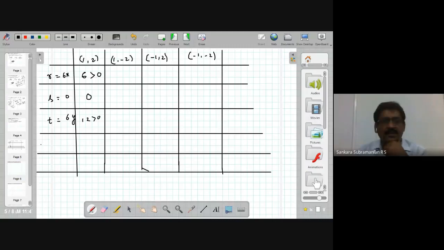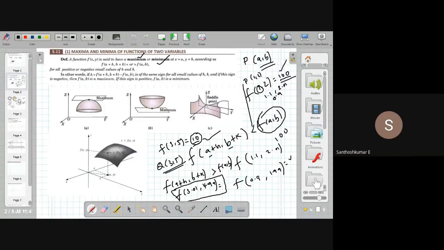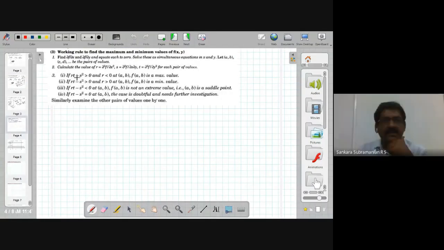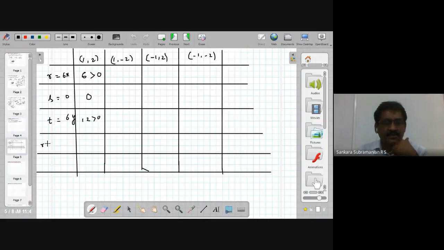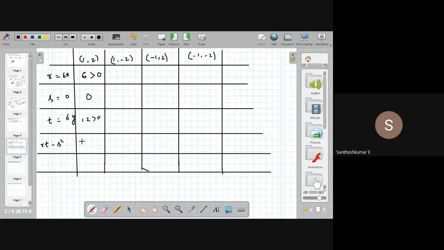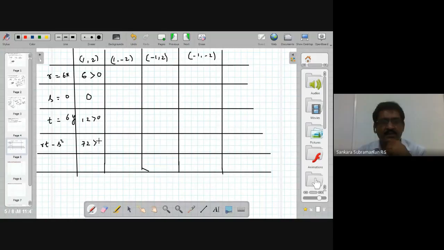Next, you have to find RT minus S square. R is 6, T is 12, R into T, 6 twelves are 72, minus S square, 72. This is also greater than 0.